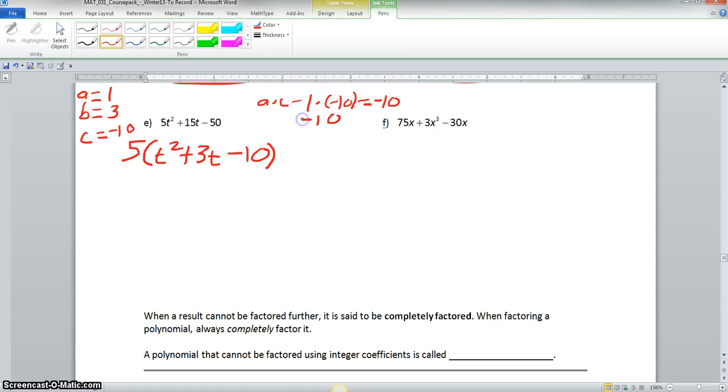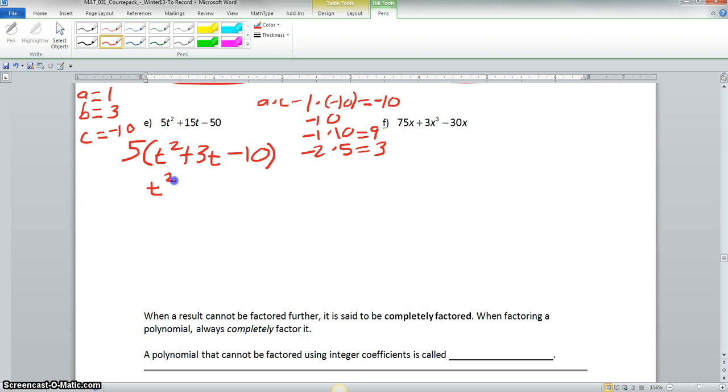Now we want to find the factors of negative 10, but we're going to start off by doing 10. So it'd be 1 and 10, 2 and 5. And since when we multiplied our A and C it is negative and our B is positive, that means that the lower numbers are negative. So this would give us 9, this would give us 3. So we'll use the negative 2 and 5.